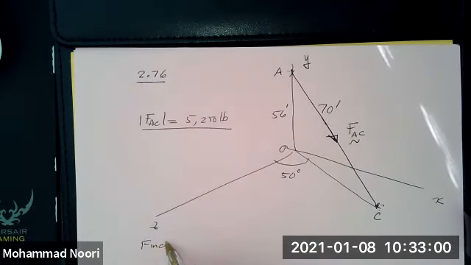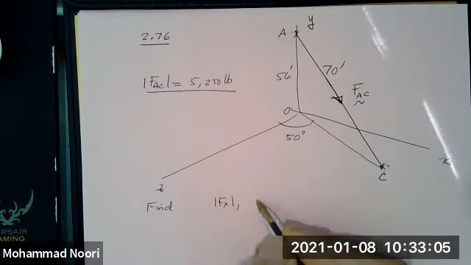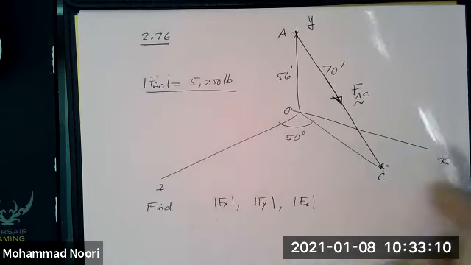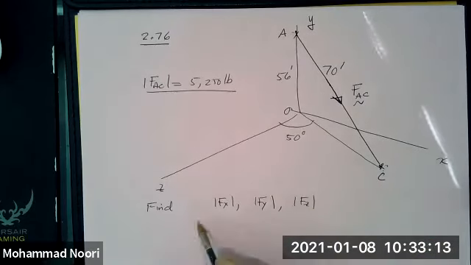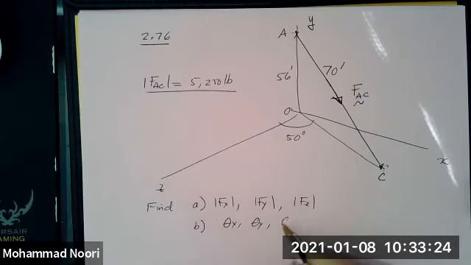What the problem is asking us to find is the components of F along these three coordinates. This is part A. Part B, the problem is asking us to find the angles that this force makes with the three coordinates so that we can write the vector equation for this force in two different ways. Okay.